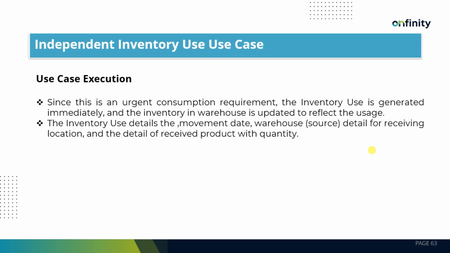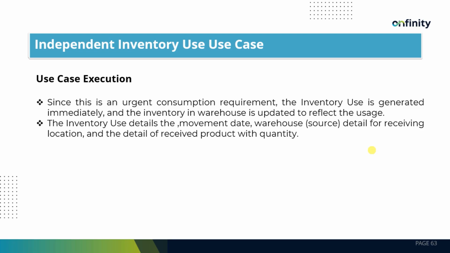Now, let's understand the independent inventory use case execution. Since this is an urgent consumption requirement, the inventory use is generated immediately, and the inventory in the warehouse is updated to reflect the usage. The inventory use details the movement date, warehouse, source detail for receiving location, and the detail of the received product with quantity.